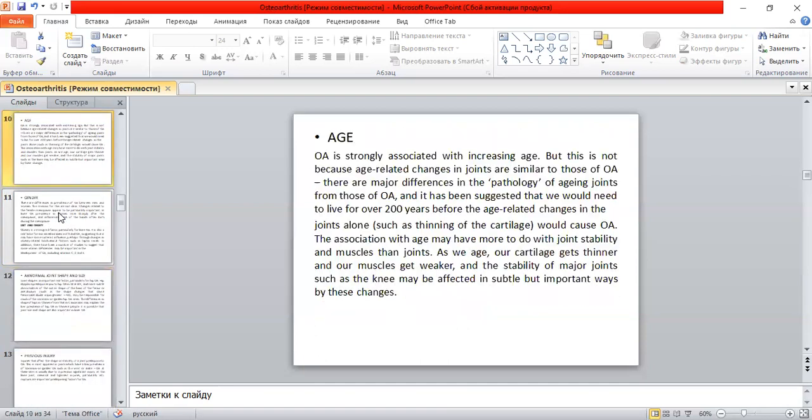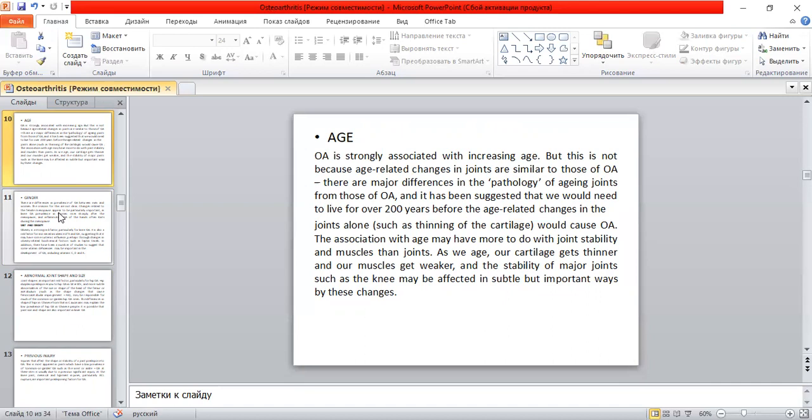Age. Osteoarthritis is strongly associated with increasing age, but this is not because age-related changes in joints are similar to those of osteoarthritis. There are major differences between the pathology of aging joints and that of osteoarthritis, and it has been suggested that we would need to live for over 200 years before the age-related changes in the joints alone would cause osteoarthritis.